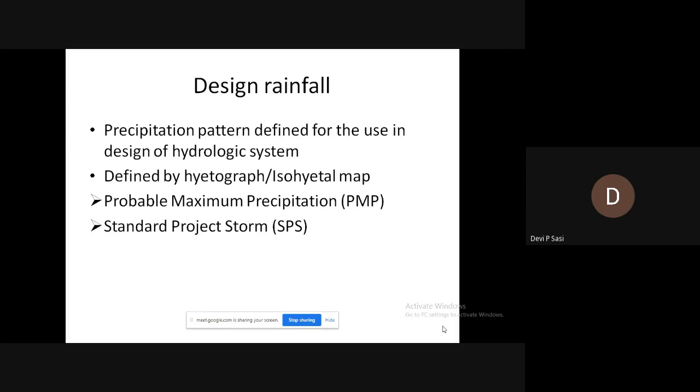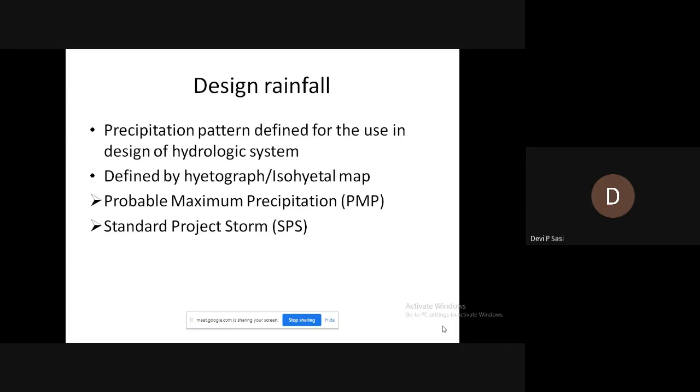Next is SPS. You should know the difference. SPS is not maximized for the most critical atmospheric condition, while PMP is maximized for the most critical atmospheric condition.